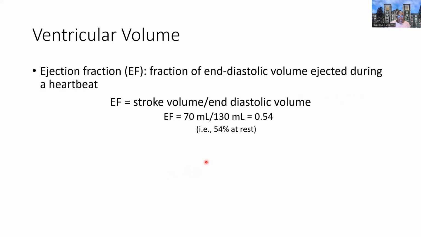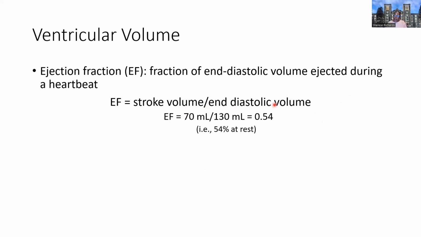Okay. On that basis, we can also begin to think about the ejection fraction. So this is a fraction of the end diastolic volume, and it's how much of the end diastolic volume was ejected during a heartbeat. So this is now a ratio, right? A fraction. So it is our stroke volume divided by our end diastolic volume.